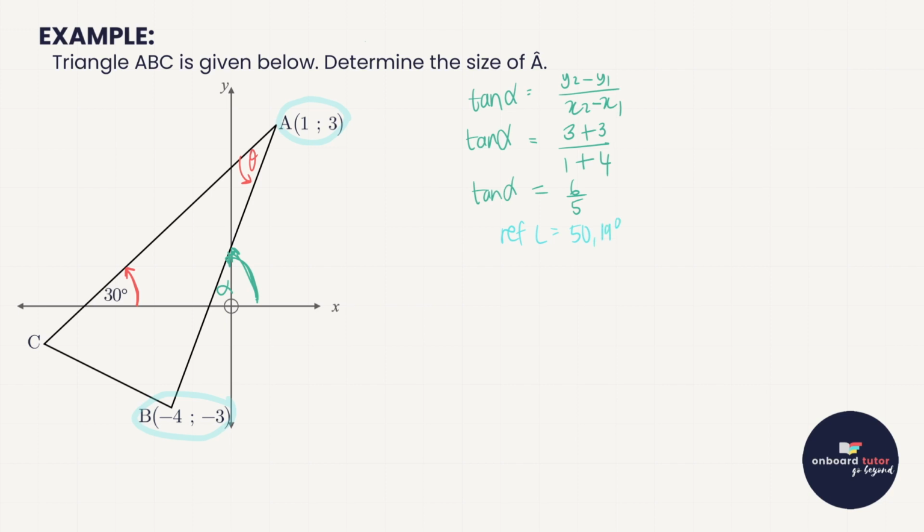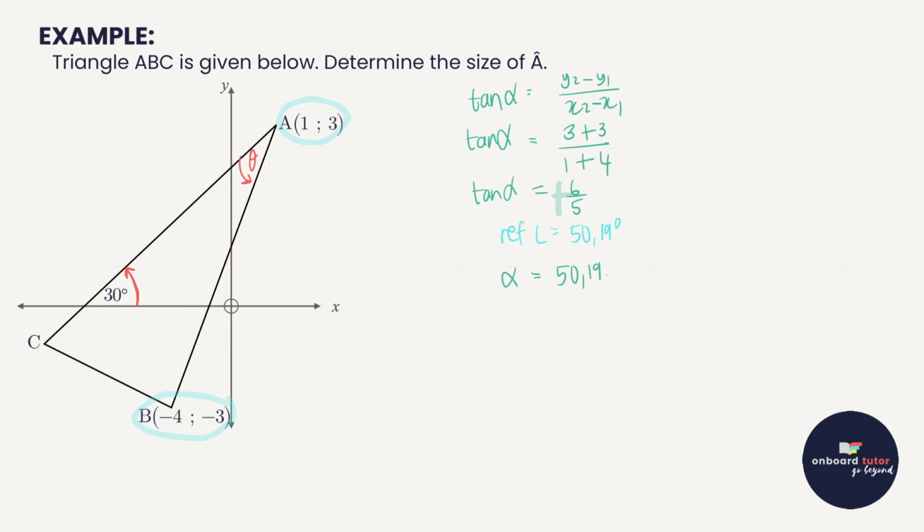And then we have a final check: the gradient here was positive. So that means my angle, alpha, is actually equal to that reference angle, 50,19. Now it's so tempting to look at this big triangle and panic and feel that we don't have enough information.